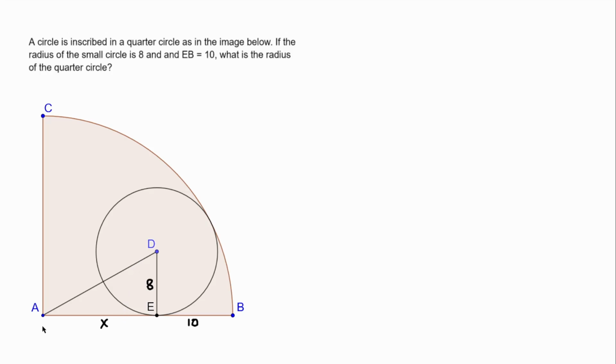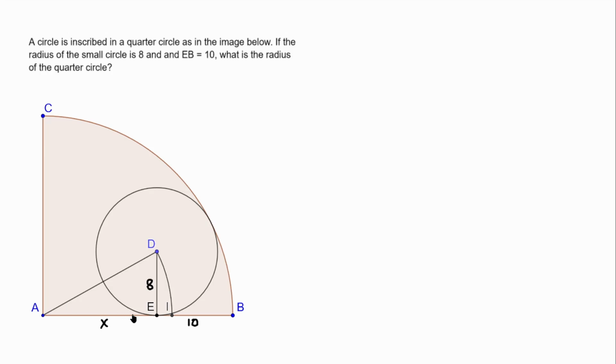Now, in order to find the equation we need to solve for x in this setup, we need to make the following observation. If I add this point I to the image below, then I can add a circular arc as follows.